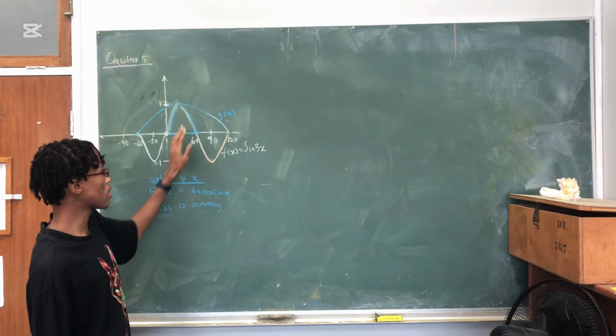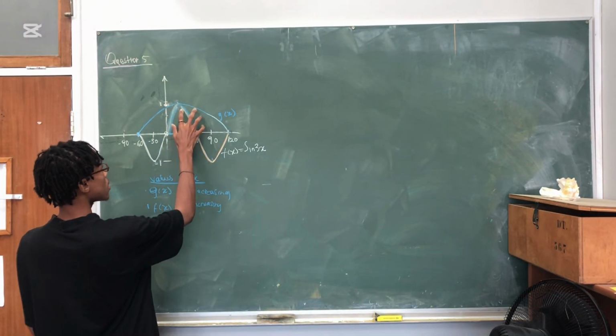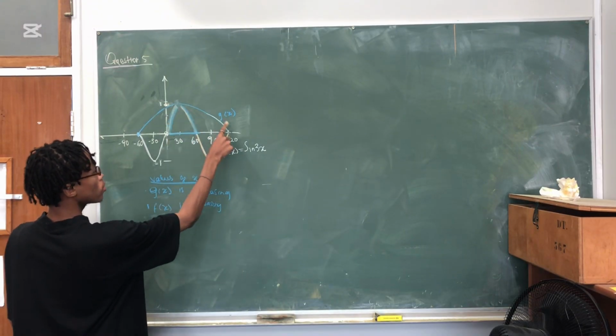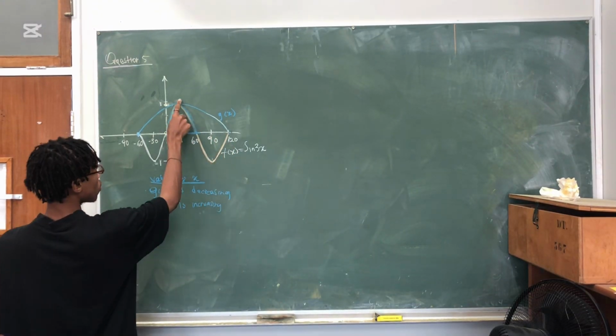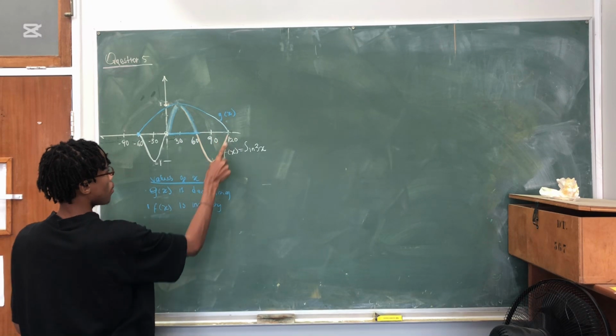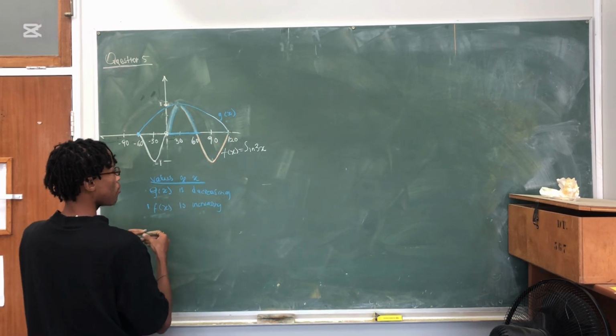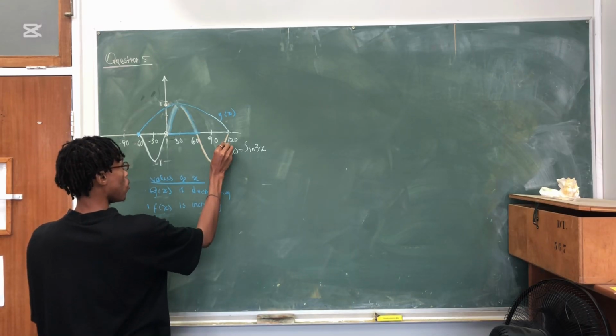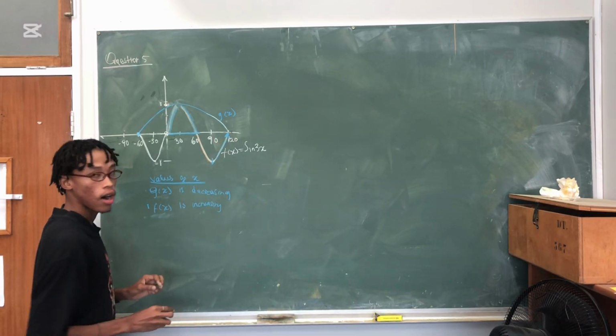But when we look at this side, we already know that for our g of x, values from this point to this point are decreasing. And then for the f of x, values from this point all the way to that point are increasing.